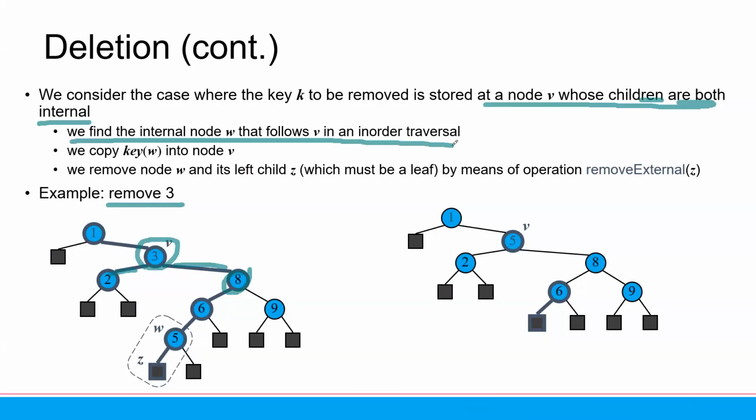First, we find the internal node w that follows v in an in-order traversal. If you still remember the in-order traversal, we will find the keys in order. After I have 1, I will go to 2, and then 3, and then what is next?